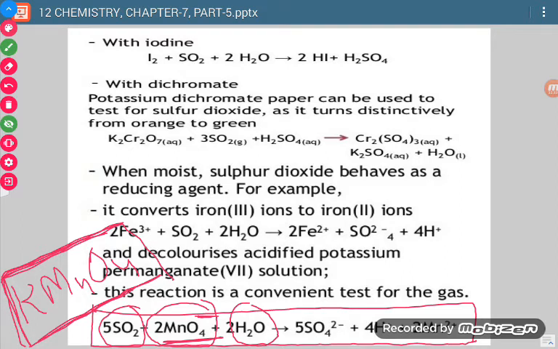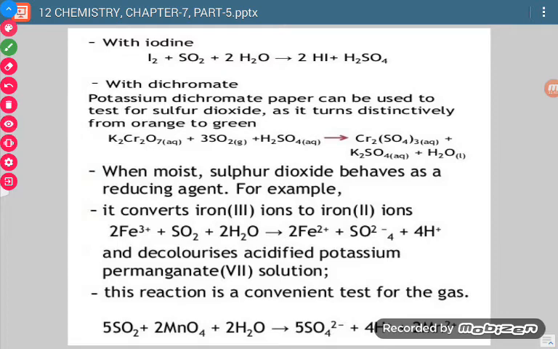When sulfur dioxide dissolves, permanganate ion changes into manganese ion, and because of this change its light pink color disappears. We say that decolorization has occurred because of the presence of sulfur dioxide.